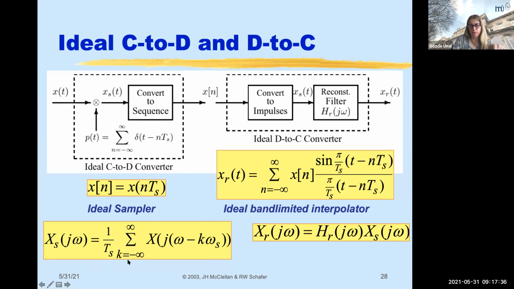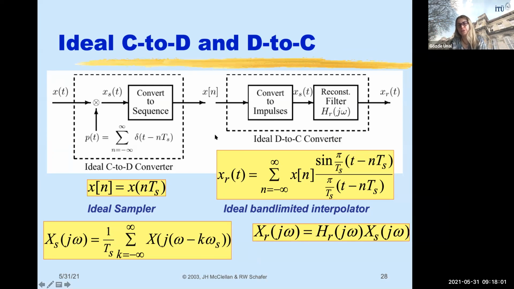In frequency domain, at the bottom, we show what happens to the sampled signal spectrum. We just take its samples to get this discrete time signal, but this is the spectrum. It's infinitely many copies of the original spectrum. This X(jω) is the spectrum of the input signal.